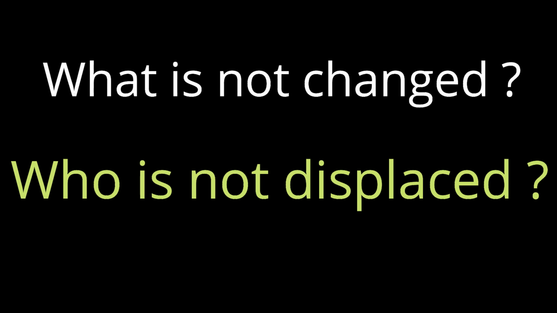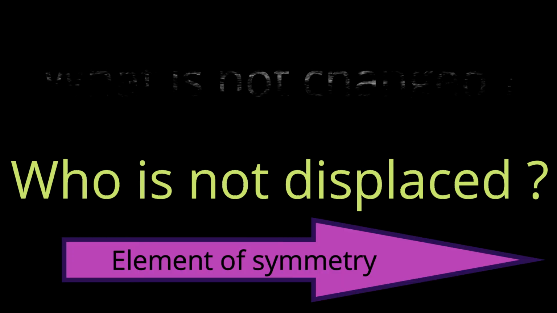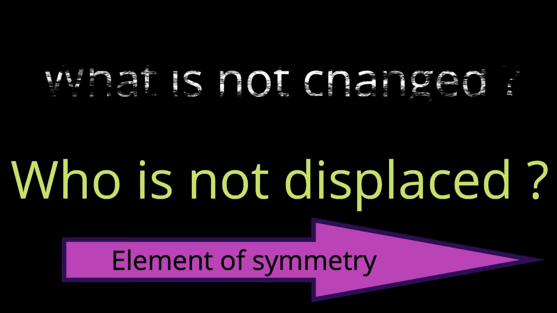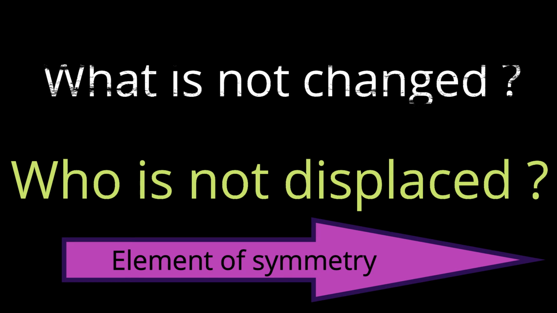And that thing is none other than our element, our tool by which we can describe the change, by which we can describe the symmetry. I repeat what I am saying. I'll show you various structures, ordered permuted structures of the water molecule. You need to answer the question: what is not changed, who has not changed, who still remains together.